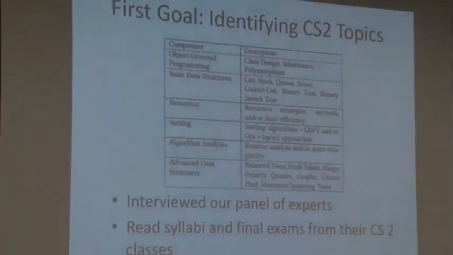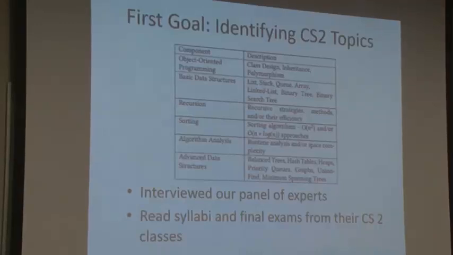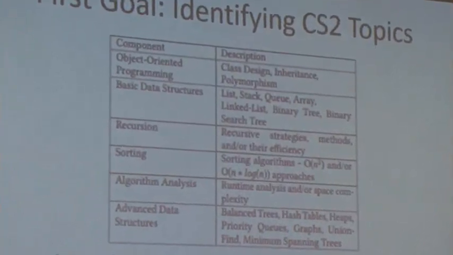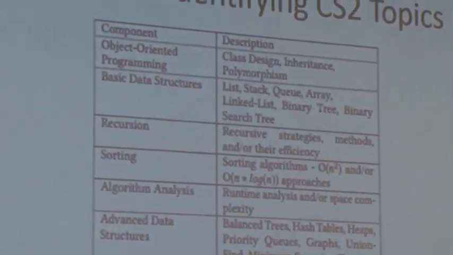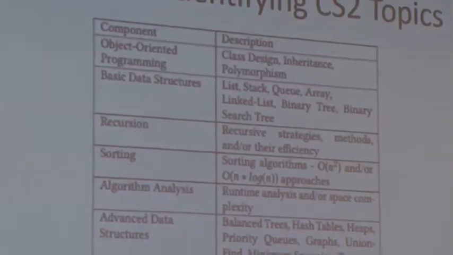So our first goal here was just identifying, okay, what topics are there in CS2, right? What do people cover in their CS2 course? And we first came up with this list of 6 really sort of high-level topics, sort of what is being covered there. In order to do this, we interviewed a panel of experts that I'll talk about in just a second. We also read both the syllabi and the final exams from their CS2 courses.